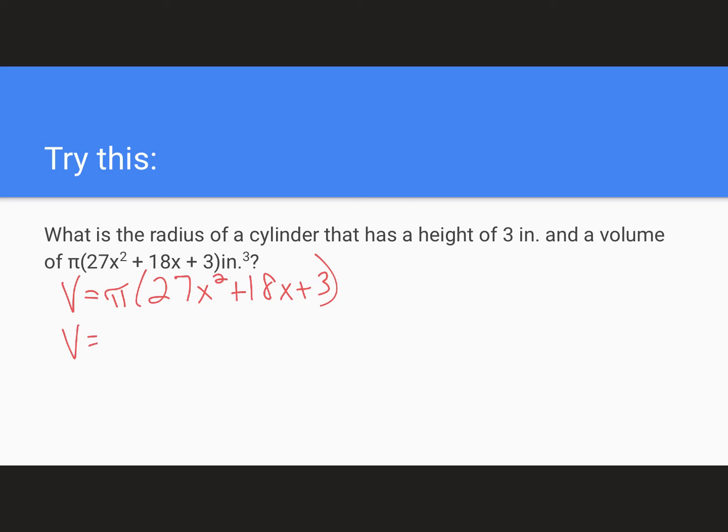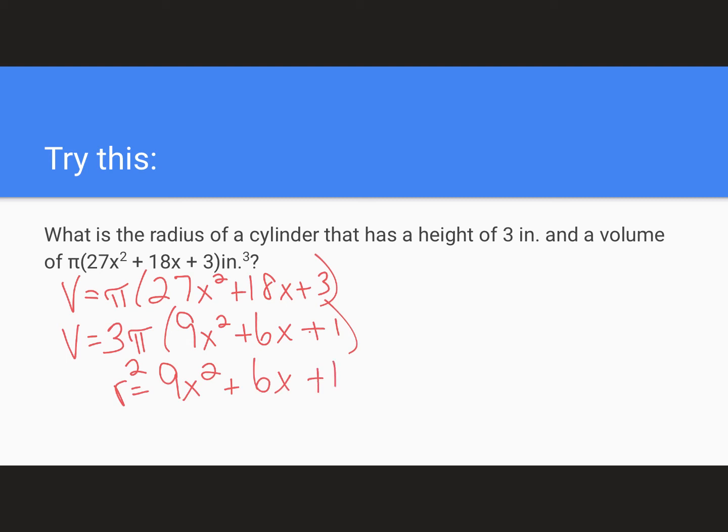So I get volume equals 3 times pi times (9x squared plus 6x plus 1). And that is a perfect square trinomial. So the radius squared is 9x squared plus 6x plus 1.